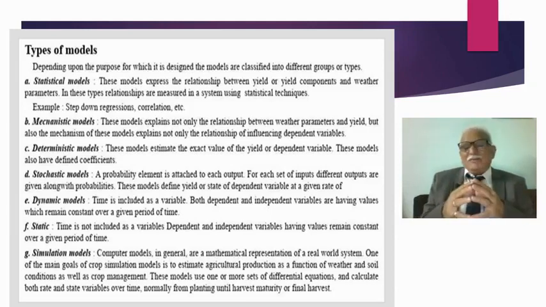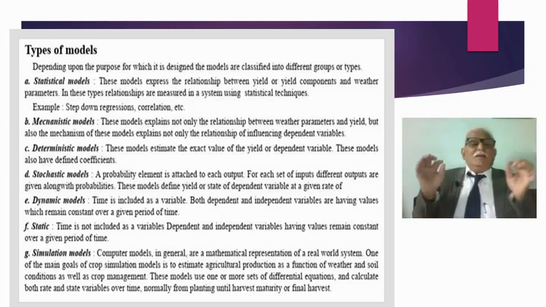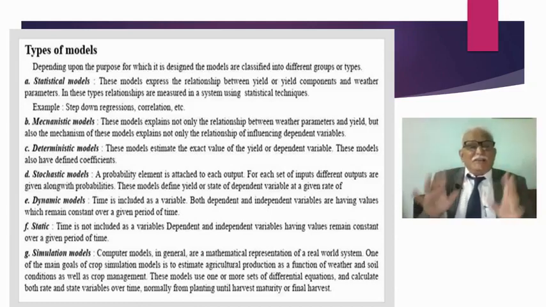However, I am giving you some 9 types of models in a very simple way, because I am not interested to give you the details of each model. Suppose a statistical model is there, a mechanistic model is there, a deterministic model is there, a simulation model is there. I just give you the basics of that particular model only. You are expected to learn this in the basics one of our crop growth modeling.